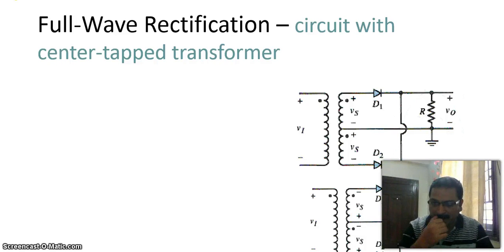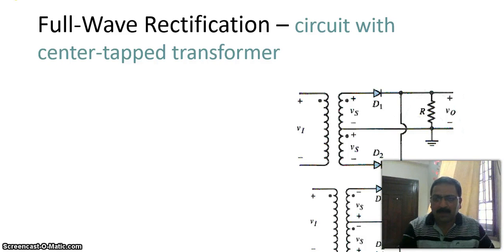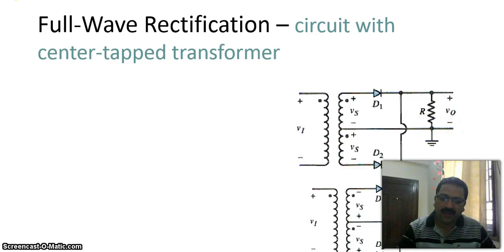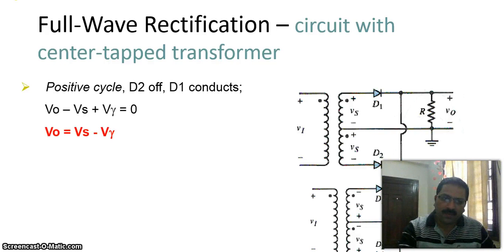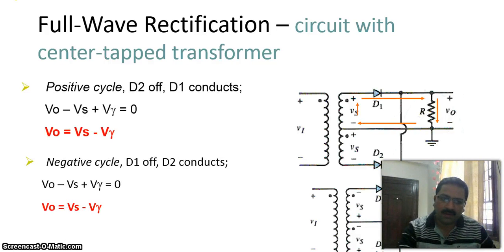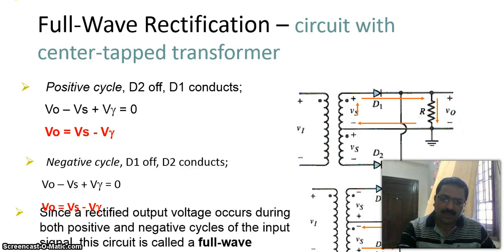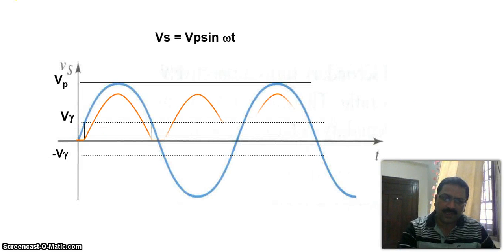These two voltages are applied across the resistor, and you get the waveform in the picture. Here you can see this part is conducted by D1, and the second part is conducted by D2.